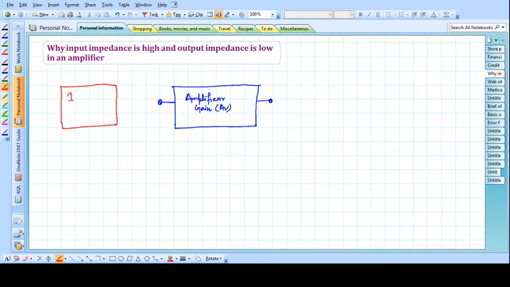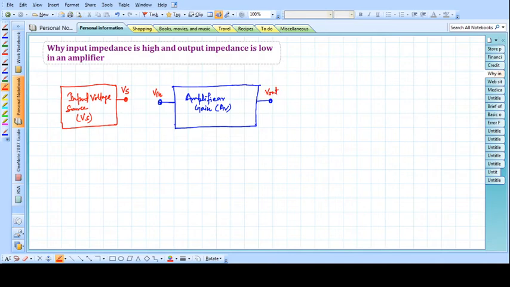This may be a voltage source, or we can write it as input voltage source, and in brackets I am writing VS. This is our VS, this is our Vin, and this is our Vout.